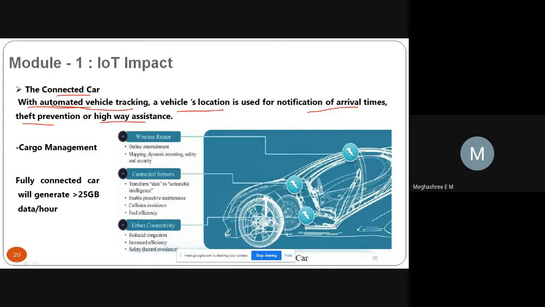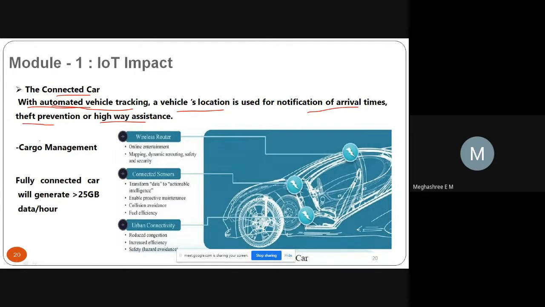Is there traffic on the highway, or an accident, or heavy rainfall, or natural calamities? Such data can be given to the car driver.